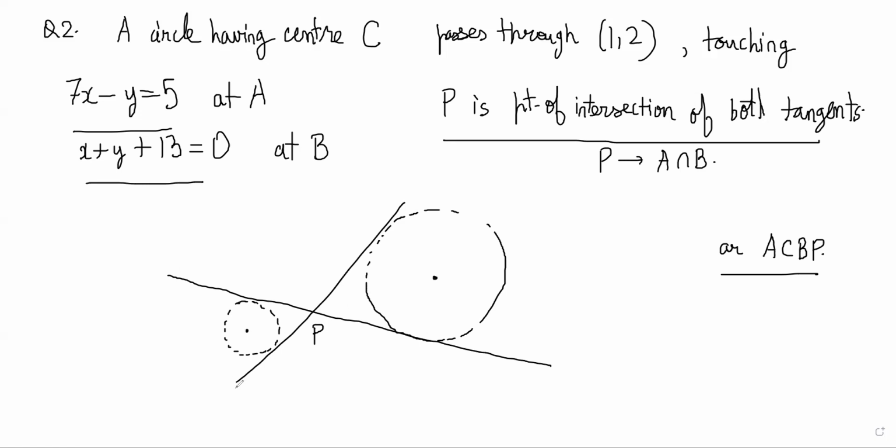If this is the situation with A, B and C, you have to find the possible values of the area of the quadrilateral ACBP. It could be like this also. That's why there are two different possibilities. And you also have to find the radius of the smaller circle.